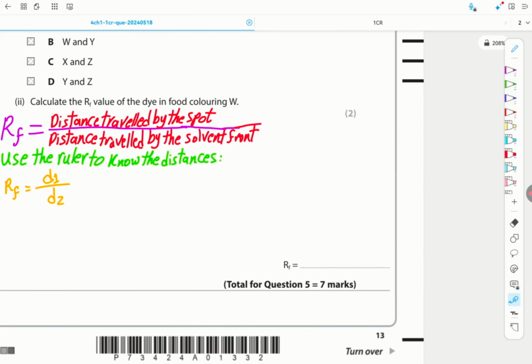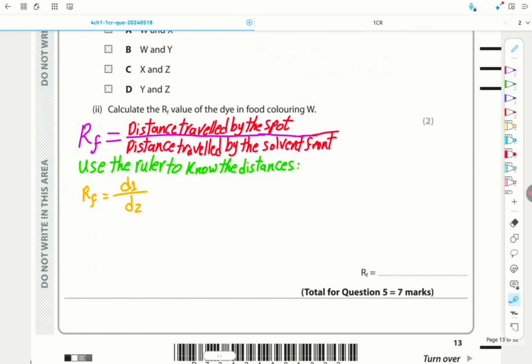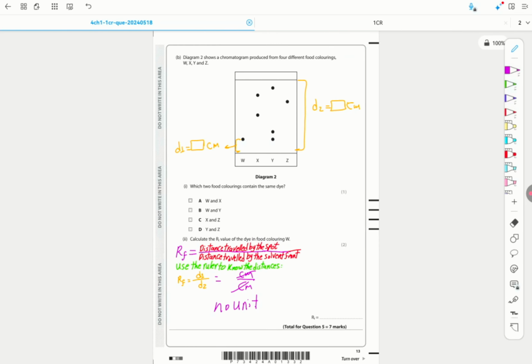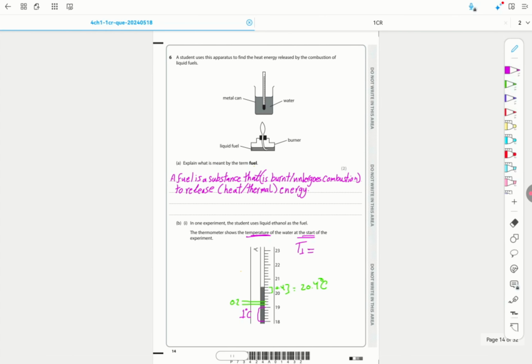And again, my friends, this value RF has no unit. Why doesn't it have a unit? Because you are dividing a distance in centimeters over a distance in centimeters, so there is no unit. I guess we have finished answering question number 5, and we should go to question number 6 in the next video.